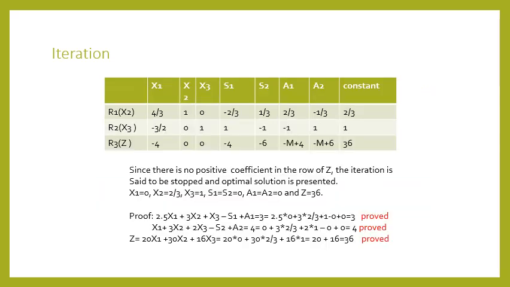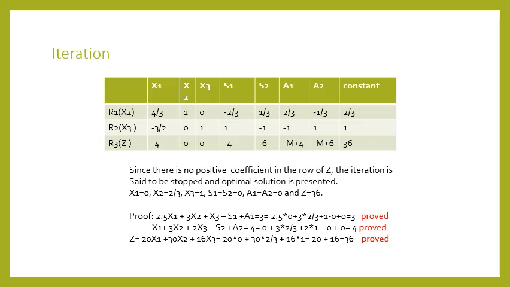Okay, the last iteration, table 4, shown R1 x1, R2 x3, R3 Z. Looking at the last constant column, the value of x2 equal 2 over 3, the value of x3 equal 1, and Z equal 36.